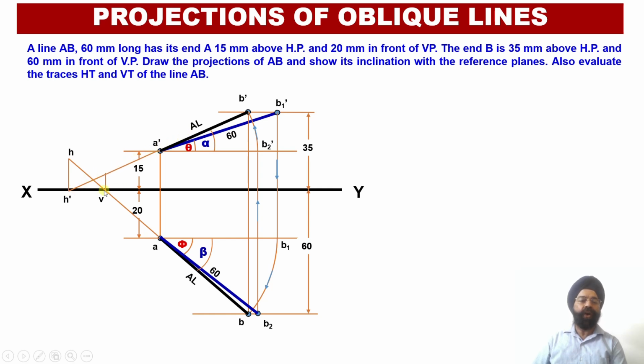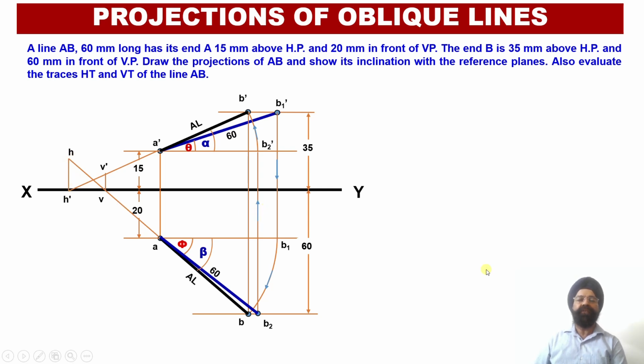Once I draw a vertical projector through the point V, it will intersect the extension of the elevation projection line at this particular point, and this point will be called point V dash. The distance between V dash and V will give me the vertical trace of the line. So I'll be measuring this distance, and this will be equal to the vertical trace.